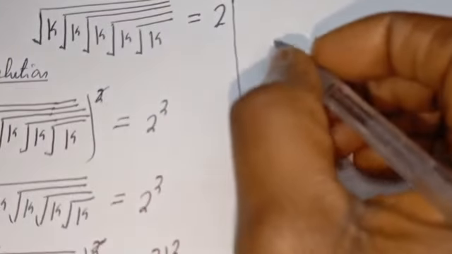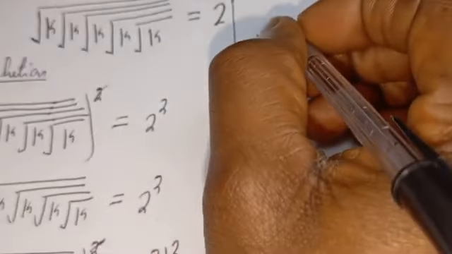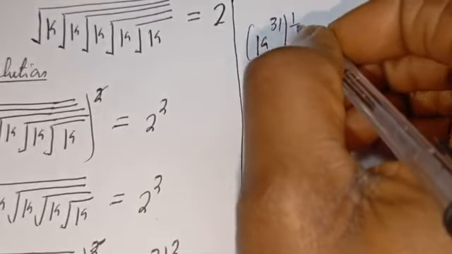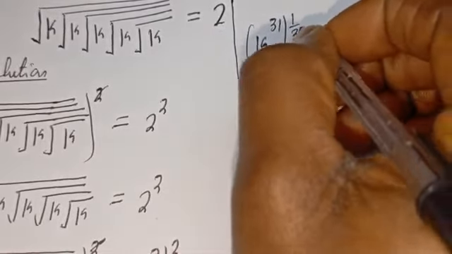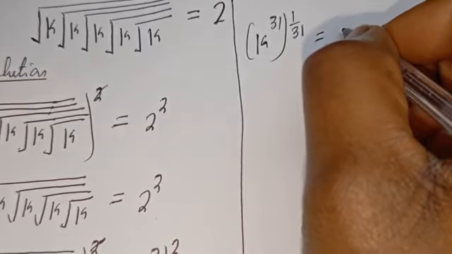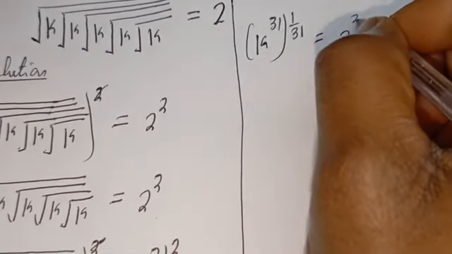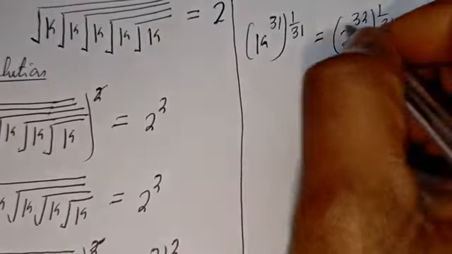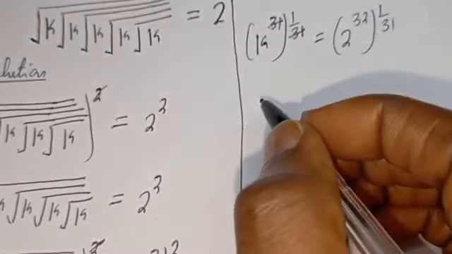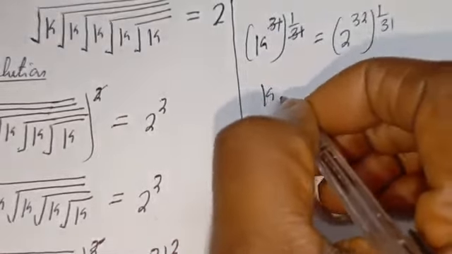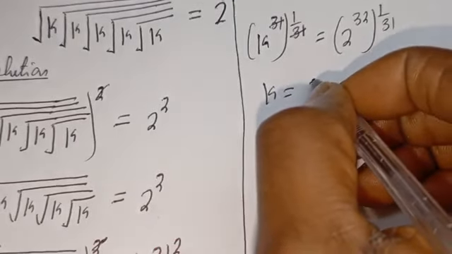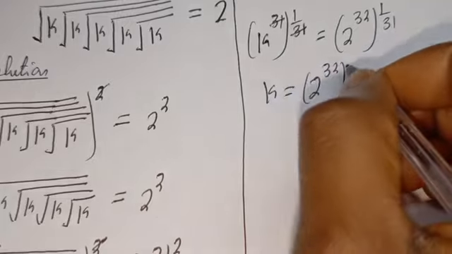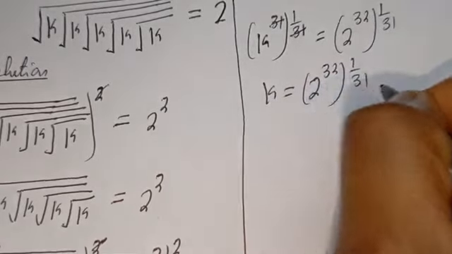Then we have k to the power of 31, to the power of 1 over 31, is equal to 2 to the power of 32, to the power of 1 over 31. This will cancel this. Then k is equal to 2 to the power of 32 to the power of 1 over 31.